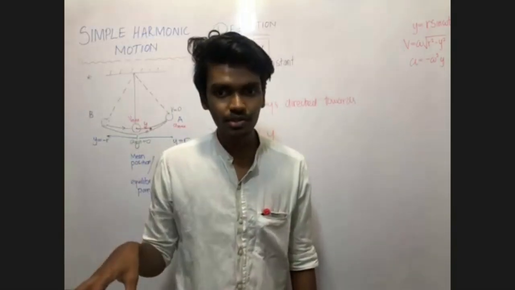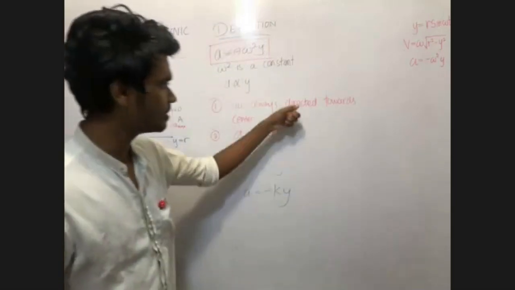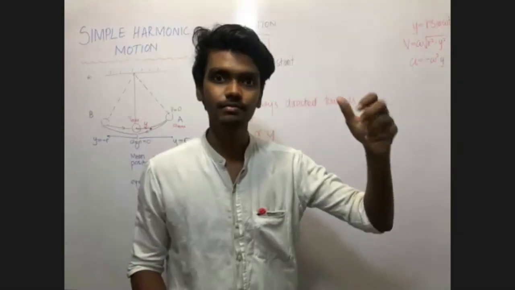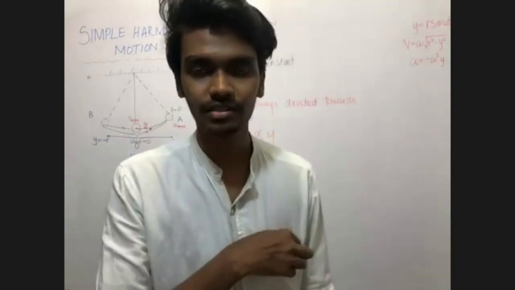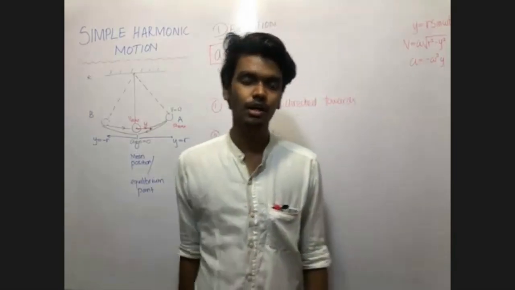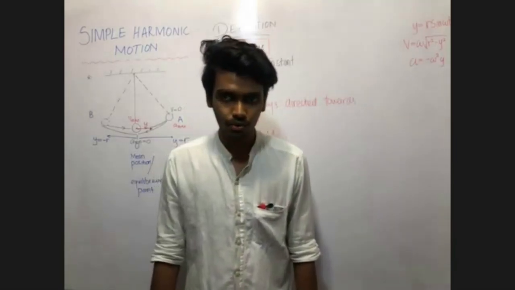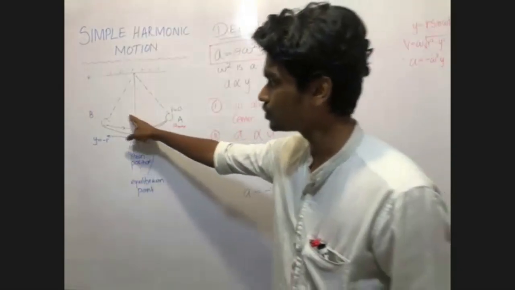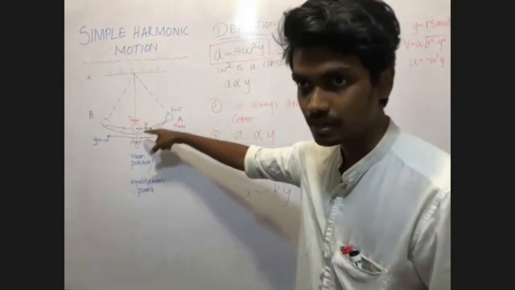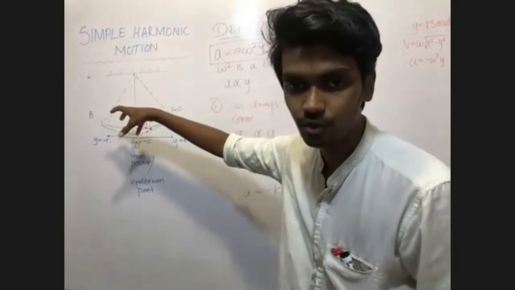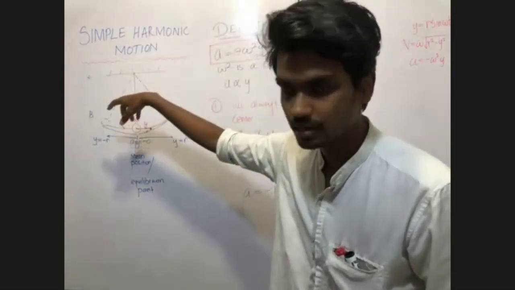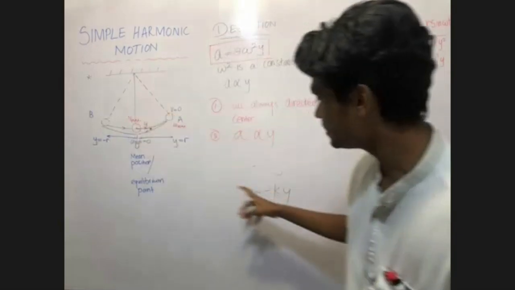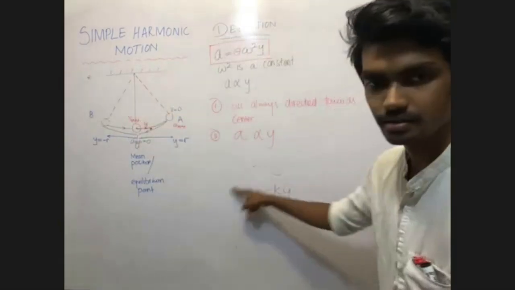So the simple harmonic motion is basically a motion which has these two properties. This is the theoretical definition of simple harmonic motion. Very, very important. If you need to show that this simple pendulum is performing a simple harmonic motion, you need to prove that the acceleration of the pendulum bob has this kind of characteristic.